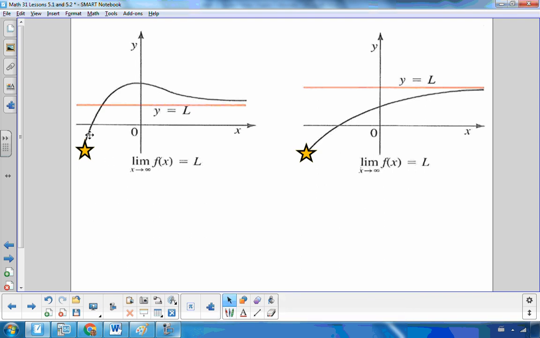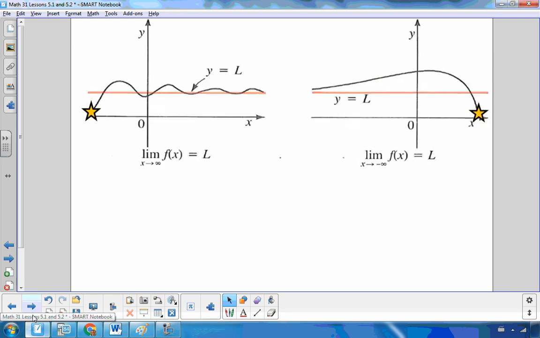In this example, I want to look at the limit as x approaches positive infinity. As I make x infinitely big in the positive direction, you can see it's approaching that horizontal asymptote y equal to L. Over here, as I make x infinitely big in the positive direction, you can see that the distance between the line is getting smaller and smaller, so it is approaching that horizontal asymptote.